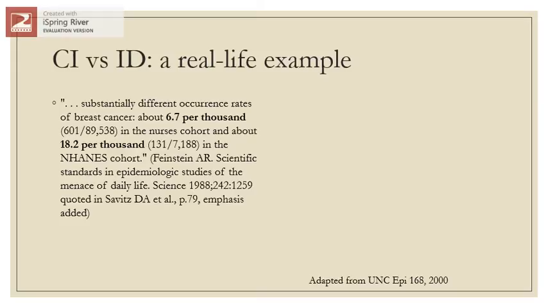Boy, it seems like nurses are less likely to get breast cancer, or something along those lines. Those are pretty different. The NHANES group was 3 times more likely to develop breast cancer. So these calculations, 6.7 per 1,000 and 18.2 per 1,000, those are cumulative incidence.